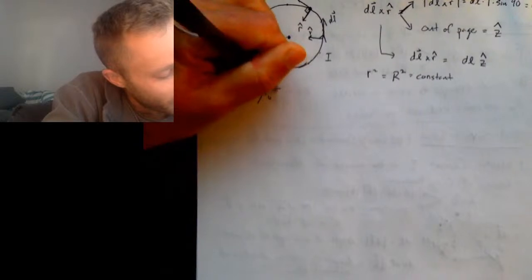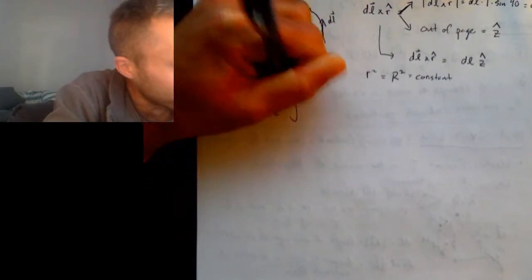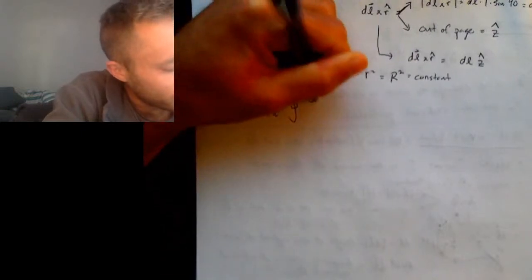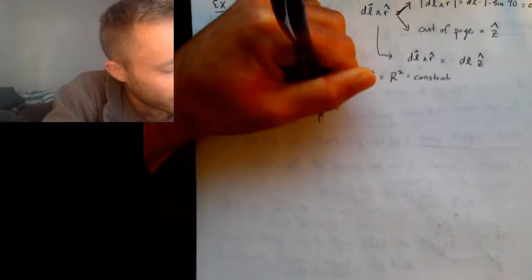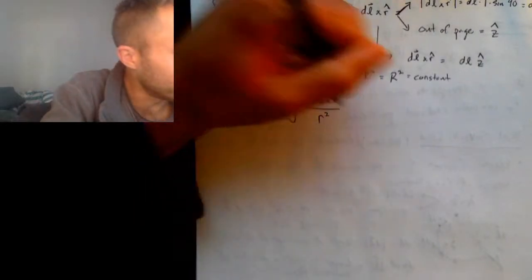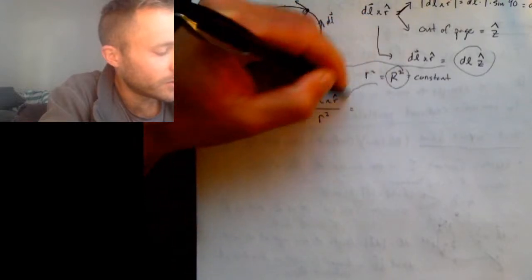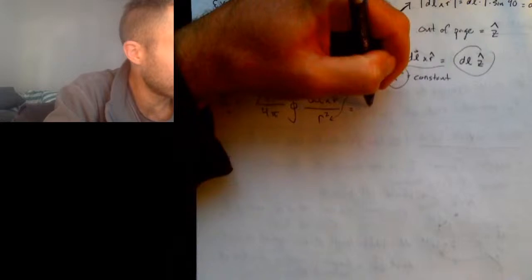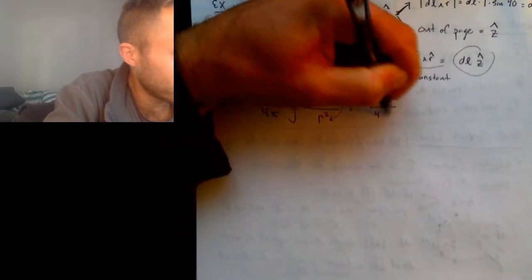It's mu naught I over 4 pi times the integral around the loop of dl cross r hat over r squared. Okay, so I'm going to plug in this right here, and I'm going to plug in this right here. All right, so 4 pi.